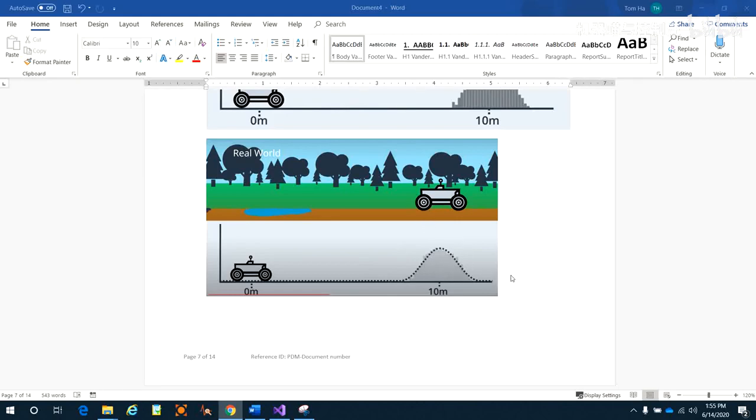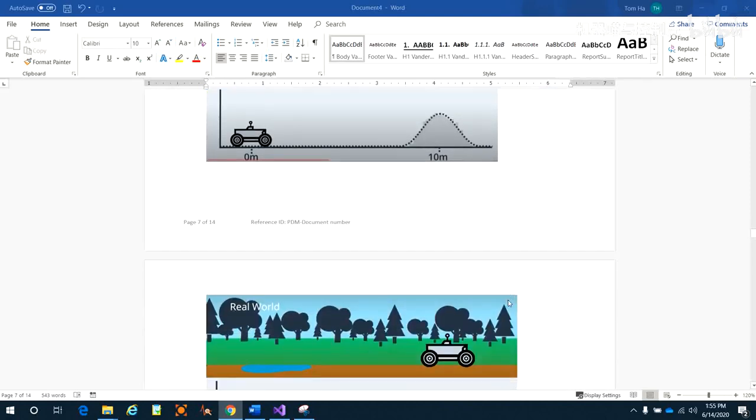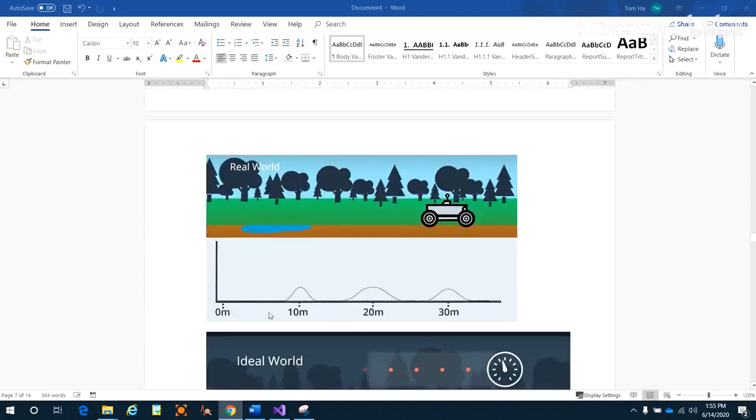So what happens if the robot moves after the first 10 meters and continues another 10, to 20 meters? The uncertainty will add up, stack up, and the location is not really correct anymore. For example, after moving 10 meters, then 20 meters, the result is really different and the uncertainty keeps increasing.